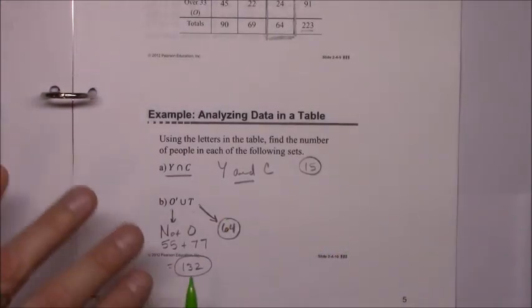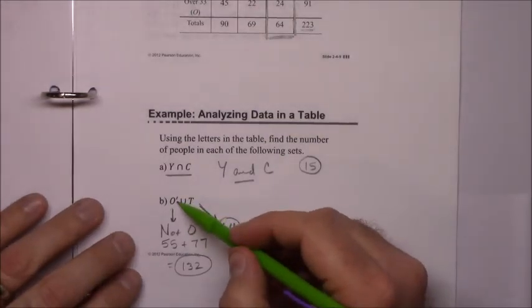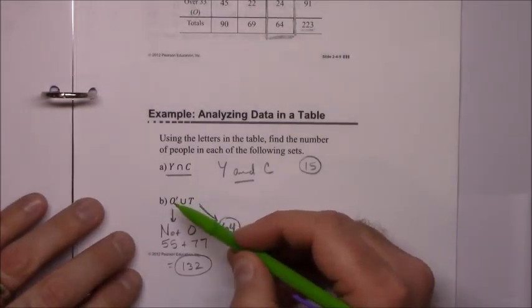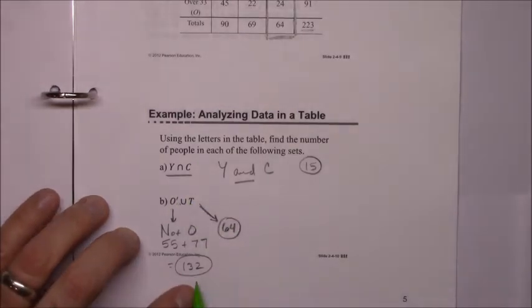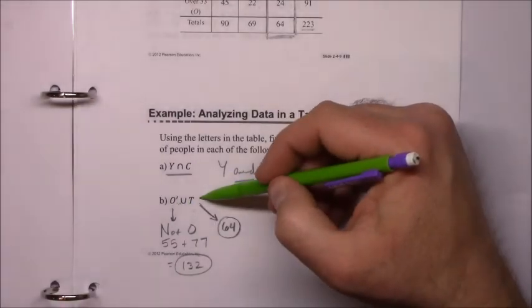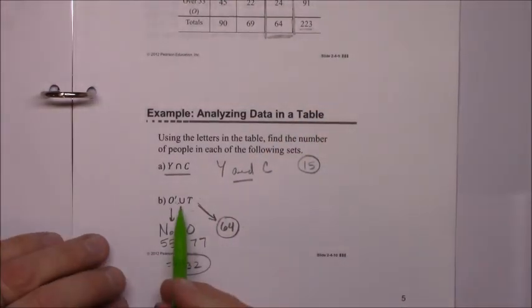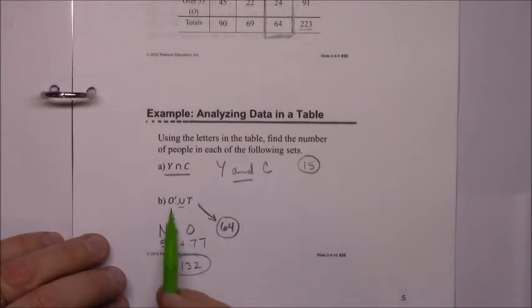Okay, so let's summarize where we're at with things. How many are not older customers? Not O. O prime, 132 of them. How many customers prefer tea? 64 of those folks. Now let's put them together using this union symbol.